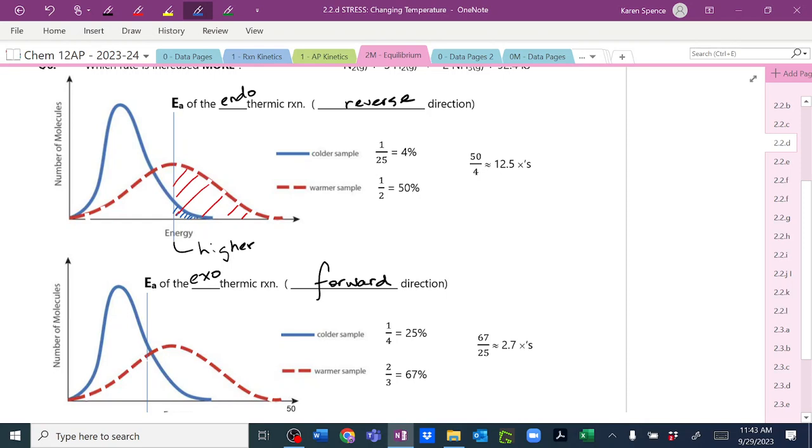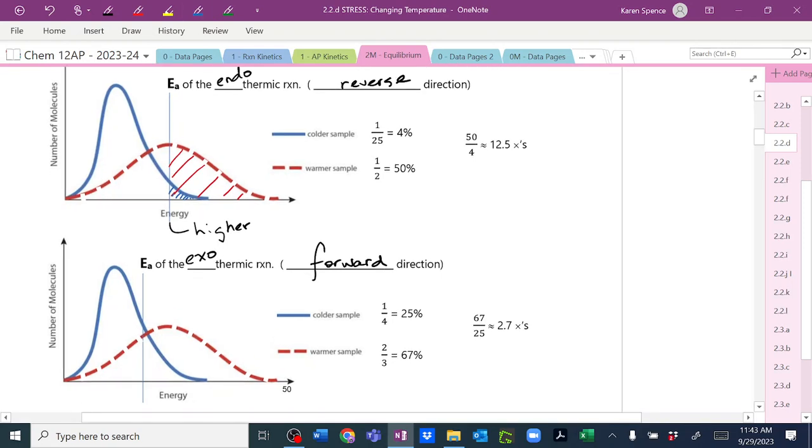Now, if I have a lower activation energy, I still have a bunch of red stuff, but proportionally, out of that red stuff, there is a higher proportion which is also blue. Does that make sense? If it doesn't make sense, you can just memorize it.